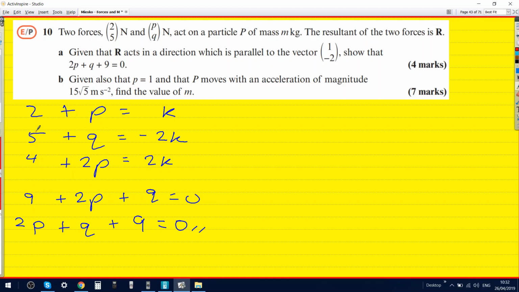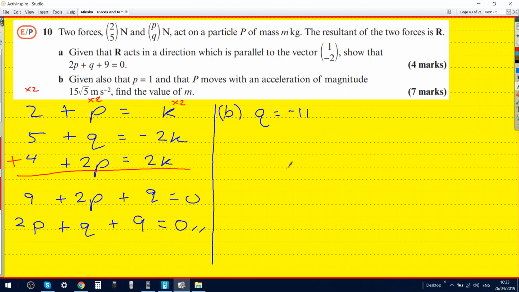And B. So q would be minus 11. Q equals minus 11.